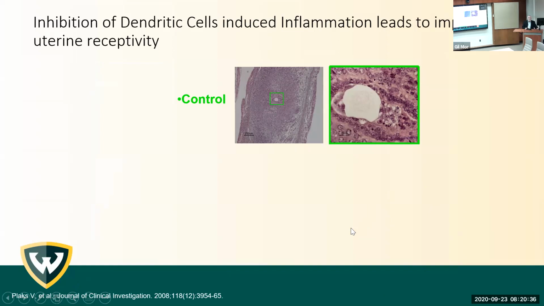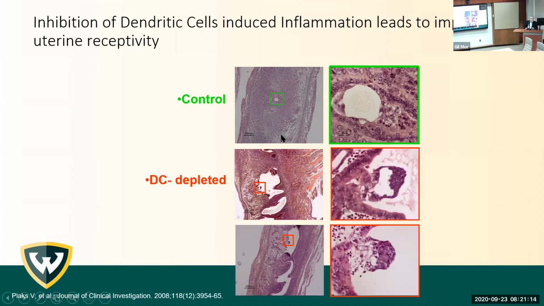So with that human information, we went to the mouse, and we looked at what happened if in the mouse we depleted the dendritic cells. Here I'm showing you the early implantation of the mouse embryo in the uterus. This is the mouse uterus, this is the embryo, and it has implanted. If we remove the dendritic cells from day 0.5, immediately after the plug, and we look at what happened at the time of implantation, you can see here the embryo is present in the uterus.